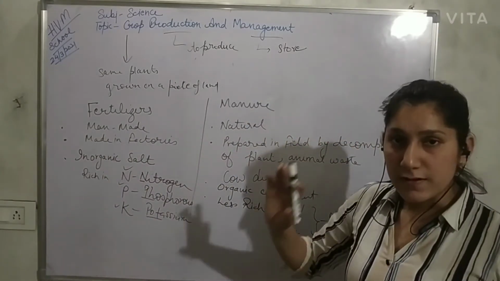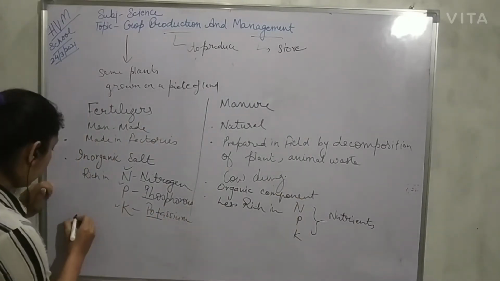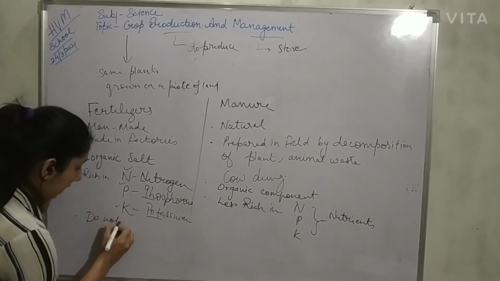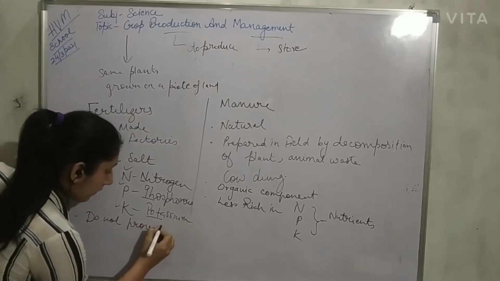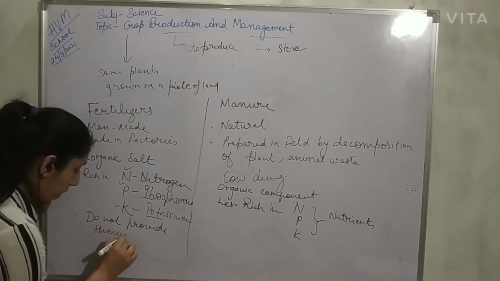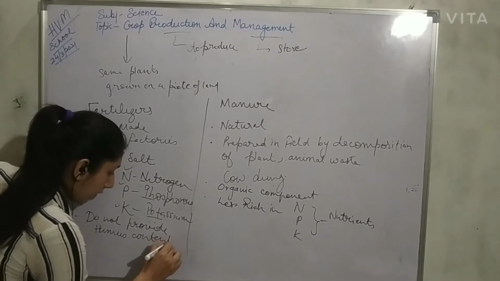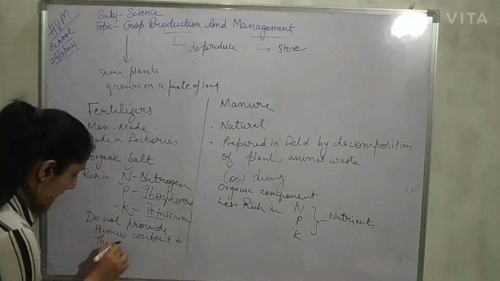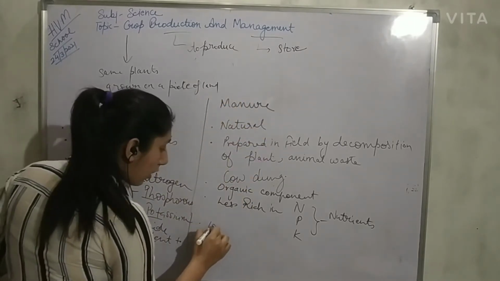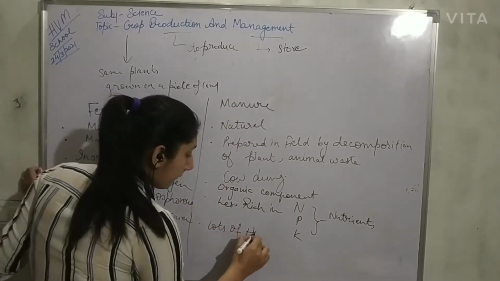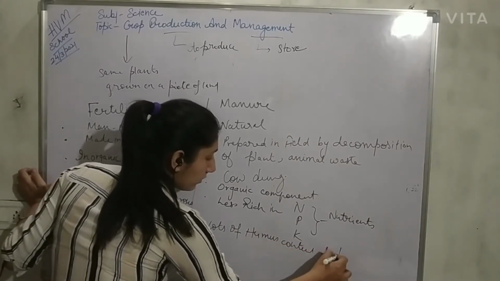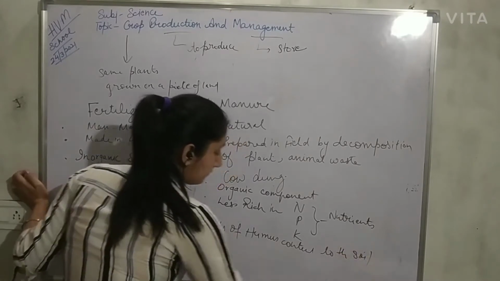And the last difference is that fertilizers do not provide humus content to the soil. And manure provides lots of humus content to the soil.